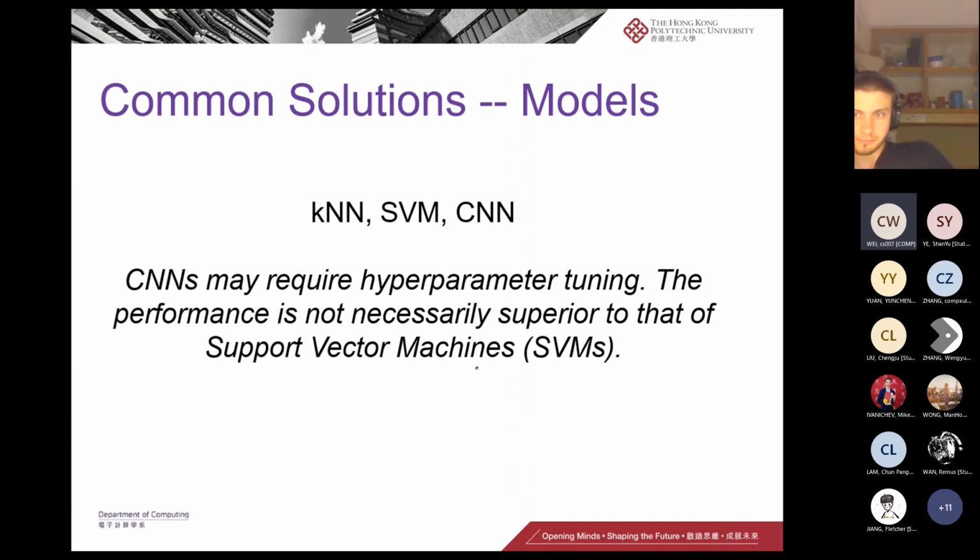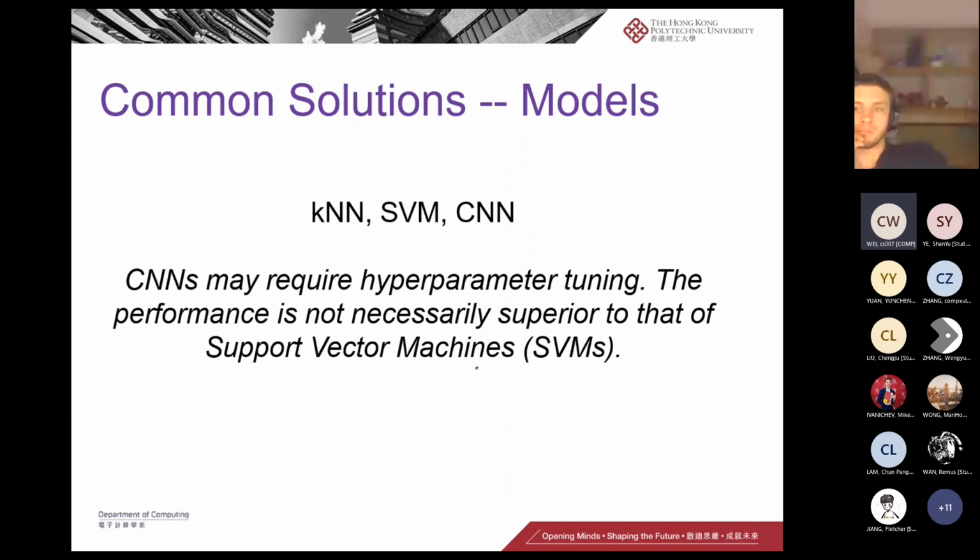Because right now deep learning is quite popular, and the convolutional neural network should give you state-of-the-art performance. However, even though in recent weeks we focused on deep learning, deep learning has its own disadvantages. We didn't talk about them that much.